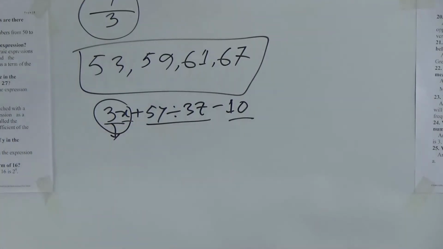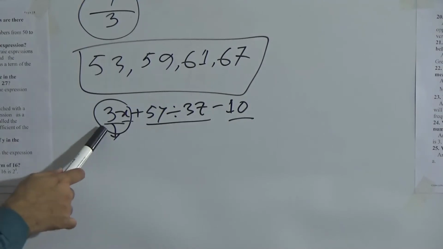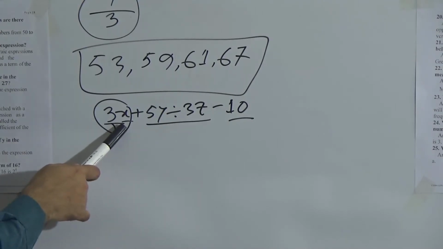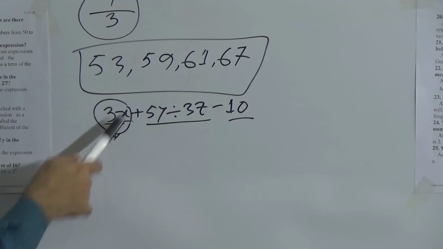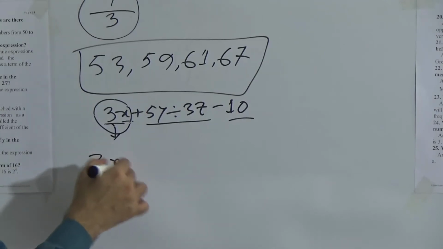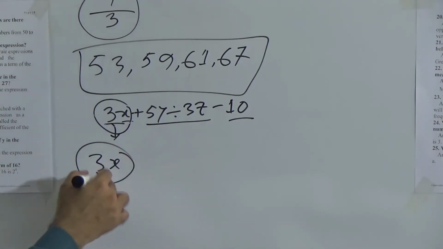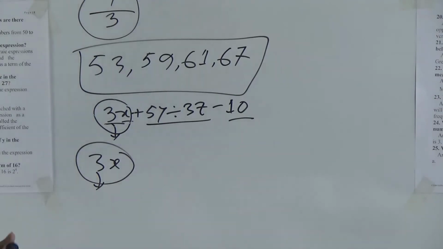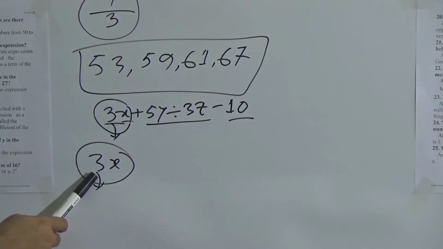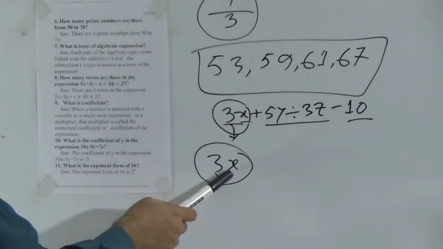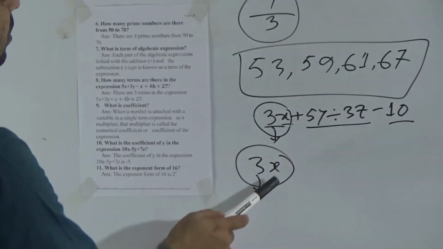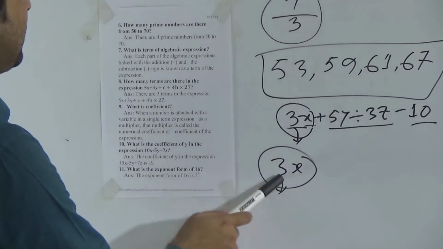If we consider only 3x here, this is a single term expression. 3 is used here as multiplier, so this 3 is called the coefficient of this term or of x, or numerical coefficient of x. Okay.